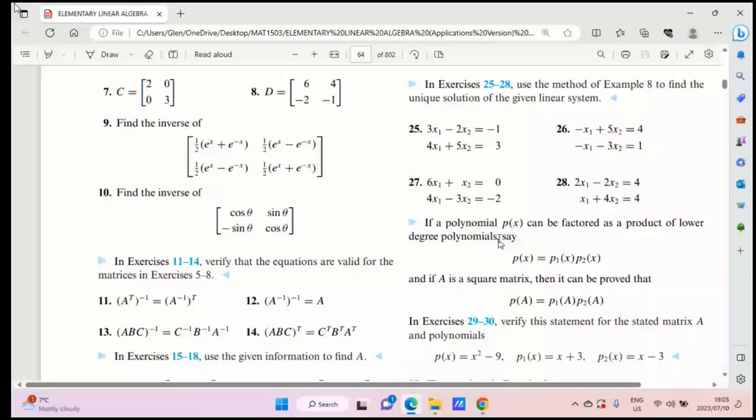Okay, so now we've got a new determinant, which is 1/20. To calculate the inverse, it's going to be 1 over the determinant multiplied by the adjoint. Now it's going to be 1 over 1/20, which is the same as 1 times 20. So now it's going to be 20 multiplied by the adjoint.